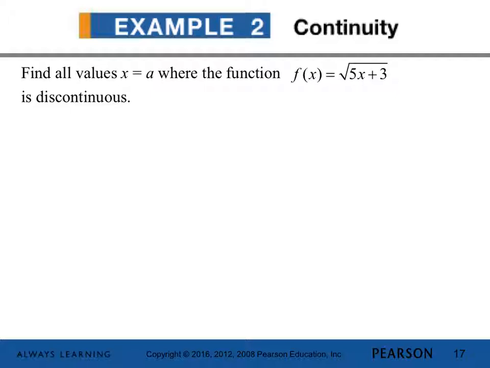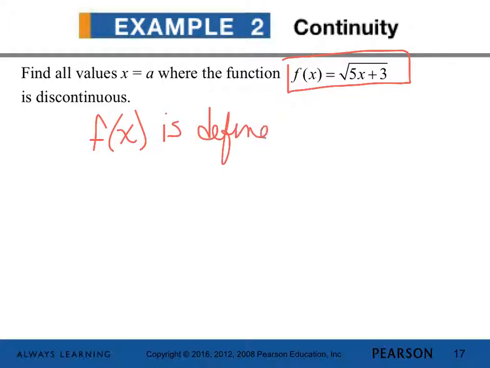So here we've got a radical function, and we're going to find all the values where this function would be discontinuous. What we know from algebra and from finite is that a square root function is only defined if 5x plus 3 is equal to or greater than 0.